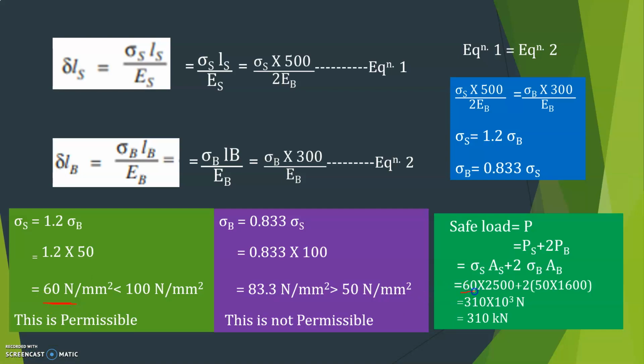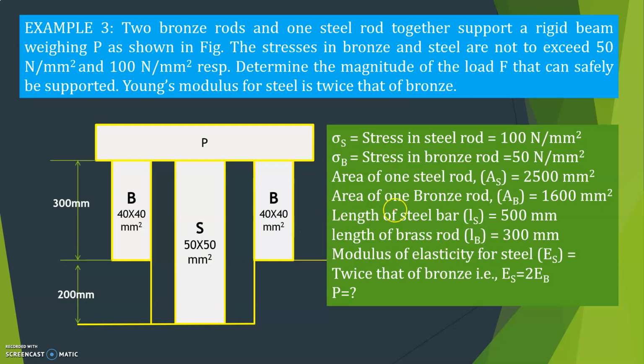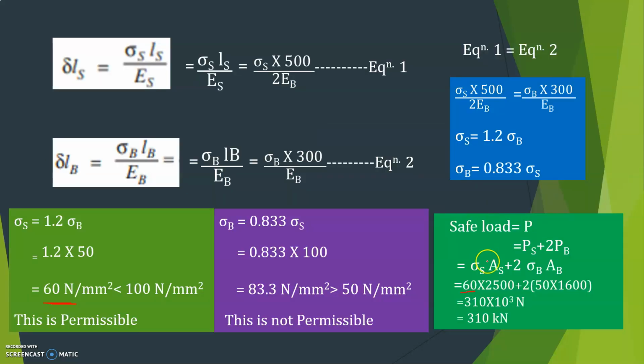So that's why this is 60 into area of the steel. What is area of the steel? Area of the steel is 2500. So substitute that 2500 plus 2 times sigma B. What is sigma B? Actually you got sigma B is 83.3, but it is greater than 50, so you cannot consider this. So you have to consider 50.